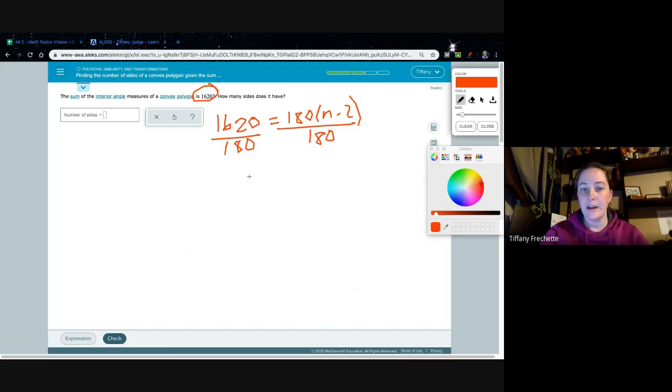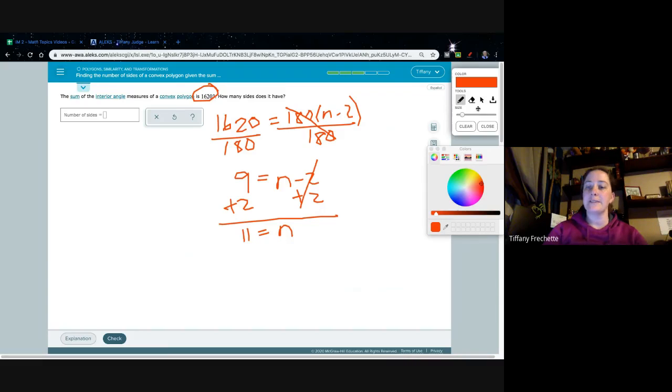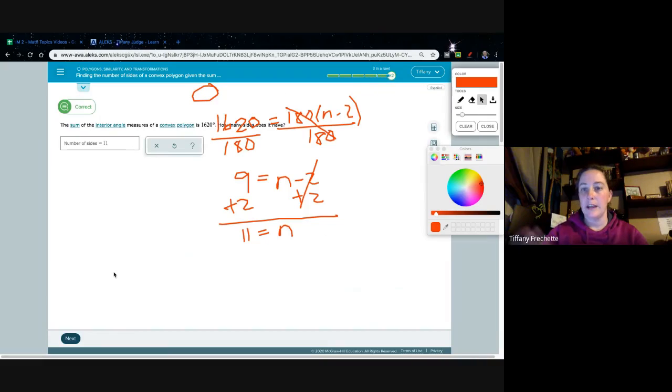So we have 9 equals 180 cancels with 180 and minus 2. Add 2 to both sides. We have 11 equals N, negative 2 plus 2 cancels. So this is an 11-sided figure. All right, check. And we did another one.